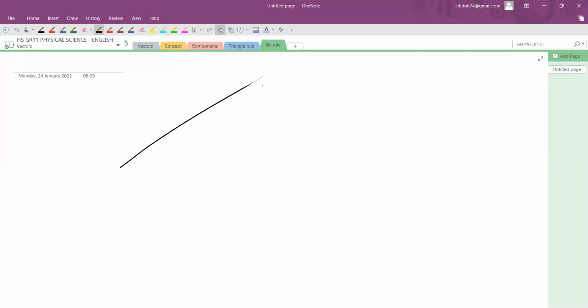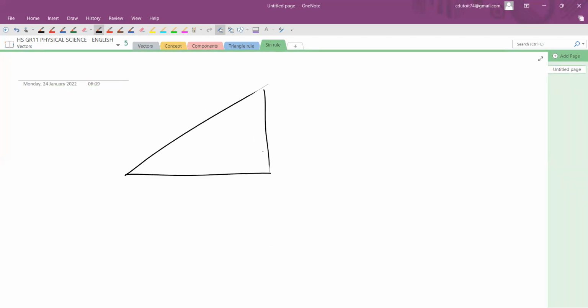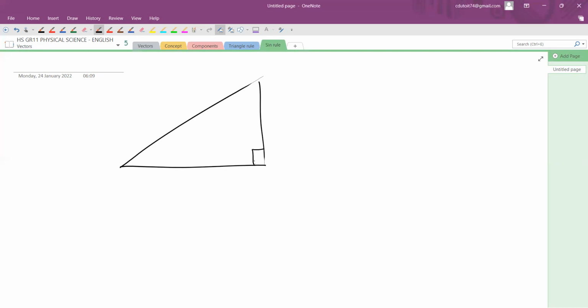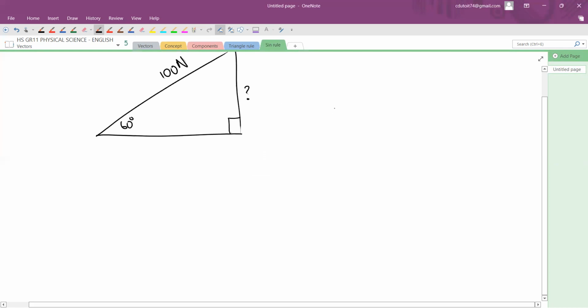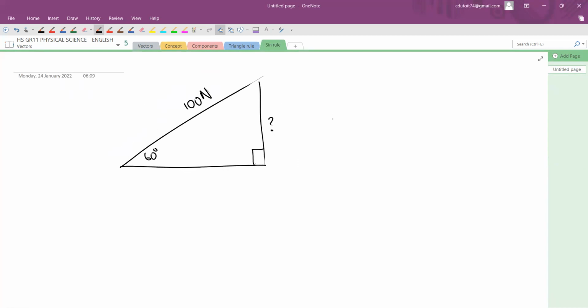Okay, you are able to solve angles and values in a right-angled triangle. So if I give you this as 60 degrees, and I give you this as unknown, and I give you this as 100 newtons, then you can actually solve this unknown. Do you agree? Mm-hmm. So you're just going to say what?